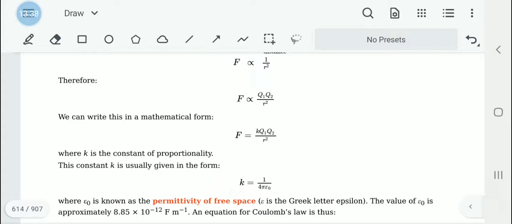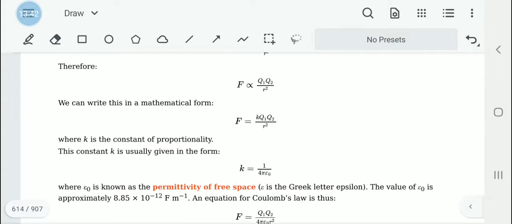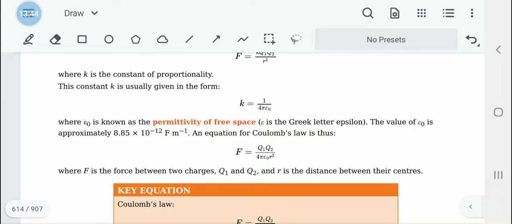where K is the constant of proportionality and K has an equation 1 upon 4 pi epsilon O. This is something that we have learned earlier. Epsilon O, within brackets permittivity of free space, equals 8.85 into 10 to the power minus 12 Fm minus 1.